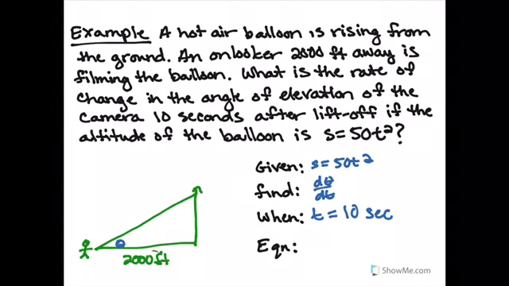It's the altitude, so s is over here. And we were also given, if we make this x, because it's in the x direction, x equals 2,000 feet.